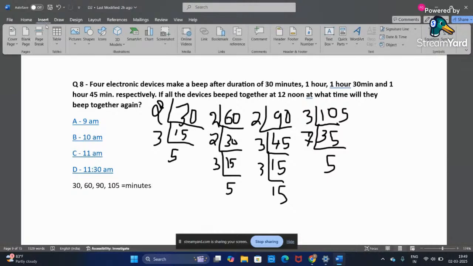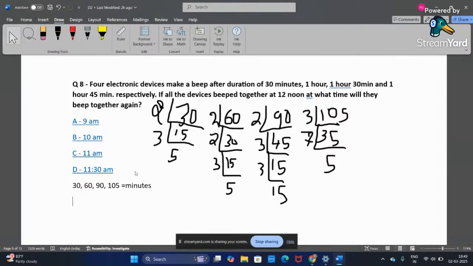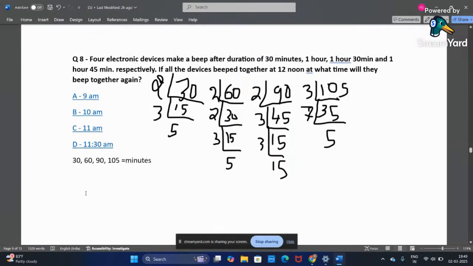Okay, let's make a note of that. Let's write it down here. For 30, we are getting 2 into 3 into 5. For 60 minutes, we are getting 2 into 2 into 3 into 5. For 90 minutes, we are getting 2 into 3 into 3 into 5.